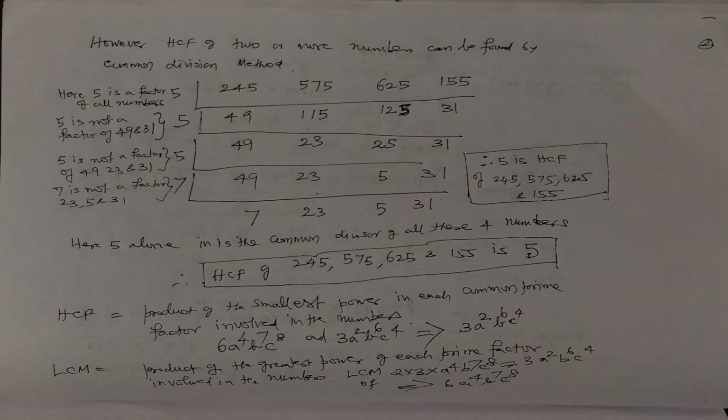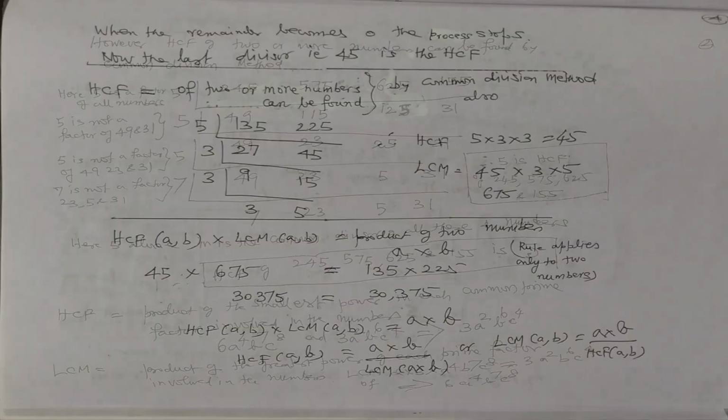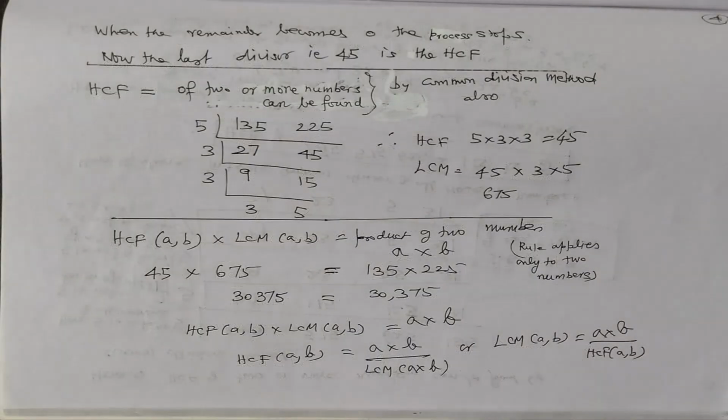Now, the HCF of two numbers a and b and LCM of two numbers a and b, the formula is the product of these two numbers, a multiplied by b, must be equal to HCF of a and b multiplied by LCM of a and b.